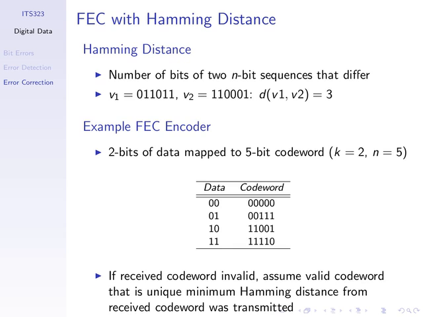In this case, there's 1 code word with a minimum Hamming distance of 1, and therefore we'll make the decision at the receiver to assume the transmitted code word is 00111 and simply map back to our data. We'll assume the received data, if this was the transmitted code word, the received data must have been 01.